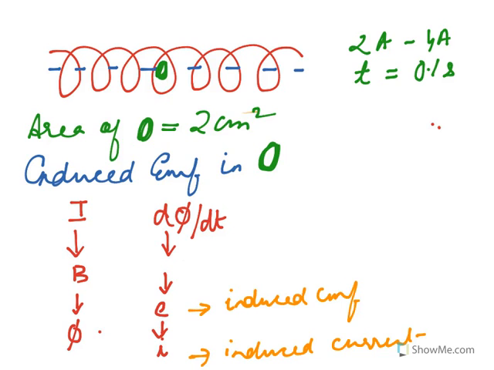Now coming back to the question, the current in the solenoid is changing from 2 amperes to 4 amperes in time 0.1 second, and there is a loop of area 2 centimeters square inside the solenoid.